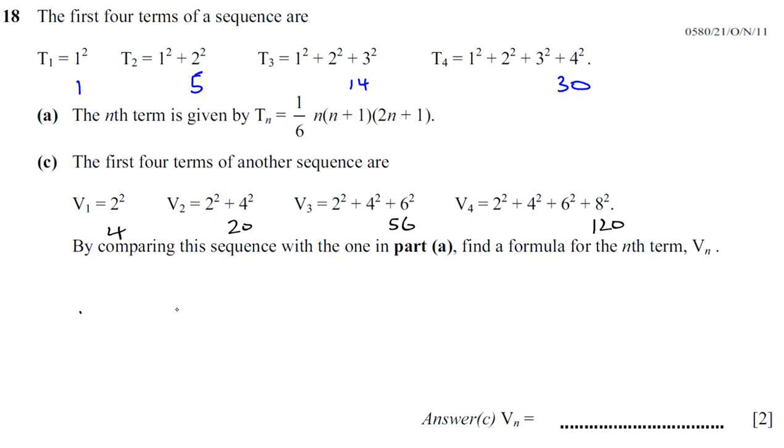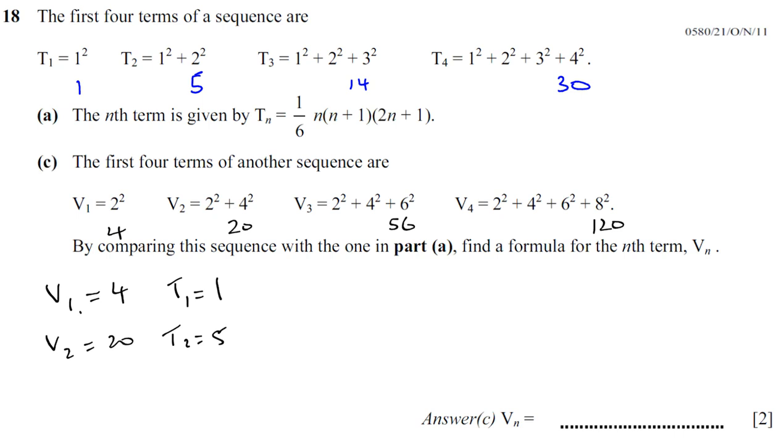So we can see that the first term of V is 4, and the first term of T is 1. The second term of V is 20, and the second term of T is 5.